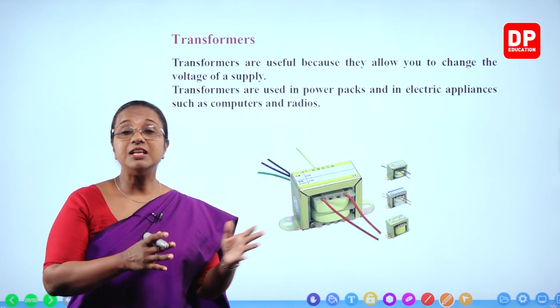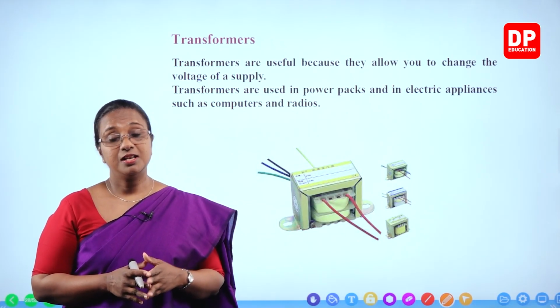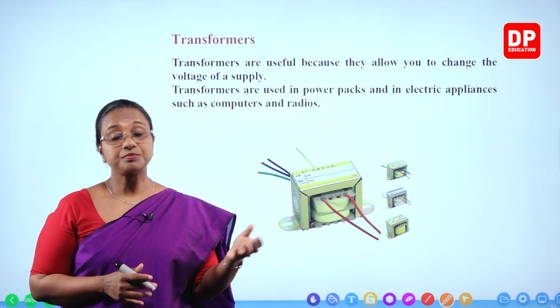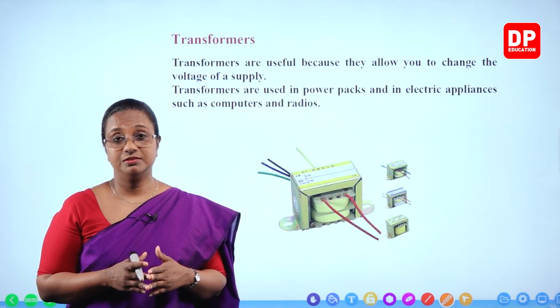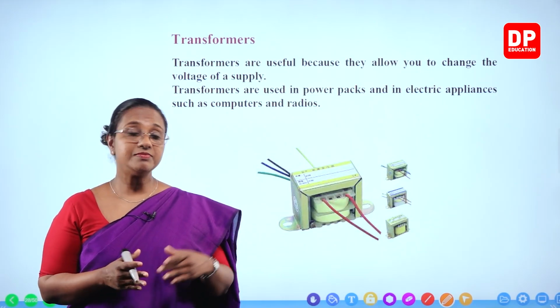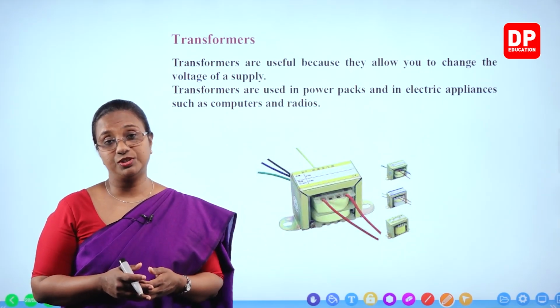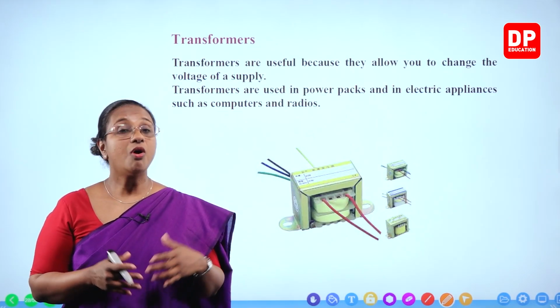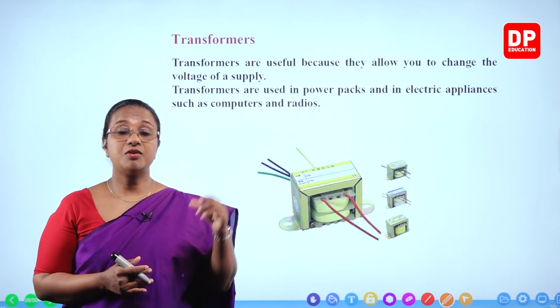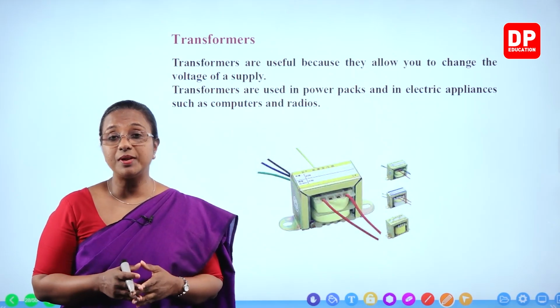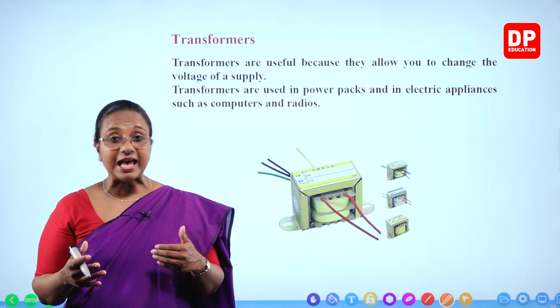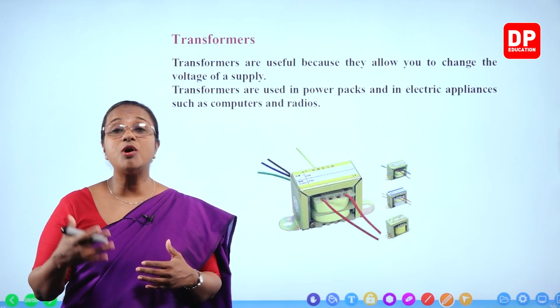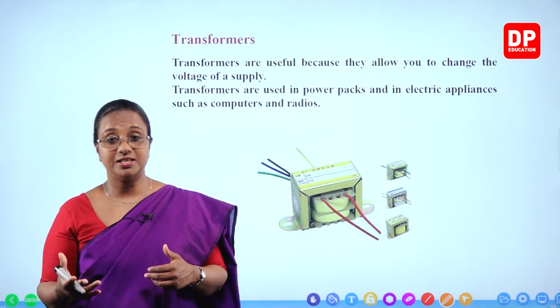Now if you look at different devices, say a bulb, you might not need 230 volts. For a particular appliance, we might need about 20 volt potential difference, or even less than that. Small bulbs, you can even operate them using 1.5 volts. So like that, we will need smaller potential differences, voltages.